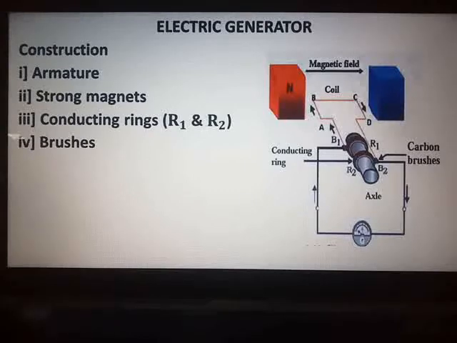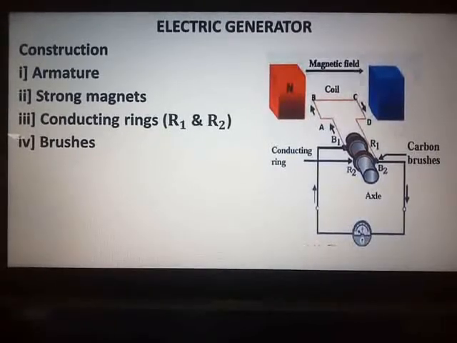Actually, direct current and alternating current is a topic which has again been removed from the syllabus. In simple terms, direct current means the magnitude and direction of the current is constant, which you can see in the motor, and alternating current means the magnitude and direction of the current reverses periodically.